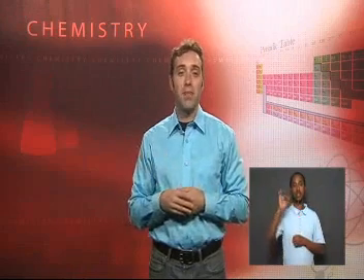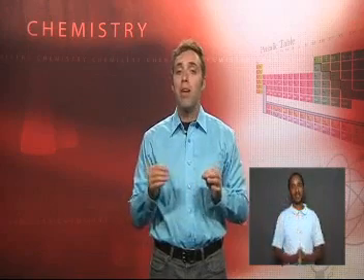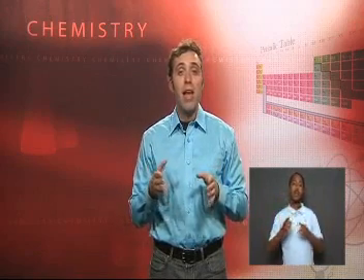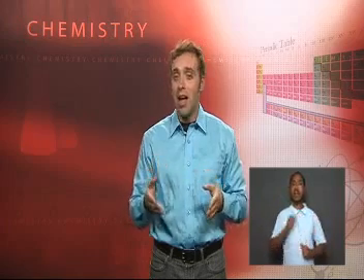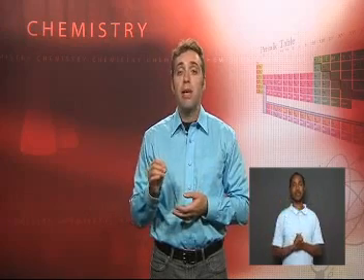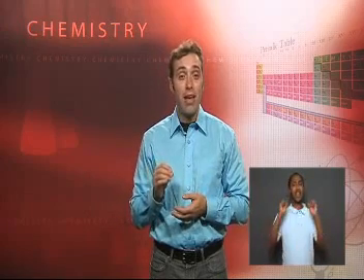Let us get started. When pig iron is removed from a blast furnace, it has a relatively high carbon content. This makes it very hard and brittle. It contains about 2% silicon, 1% phosphorus and manganese, and some traces of sulfur, making it impure.